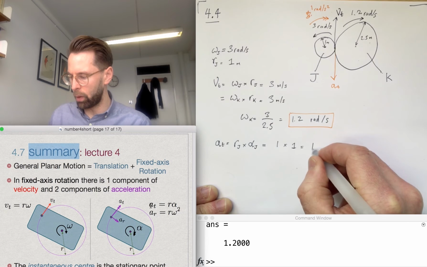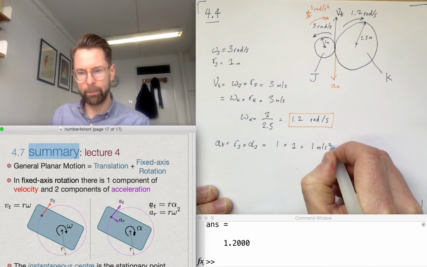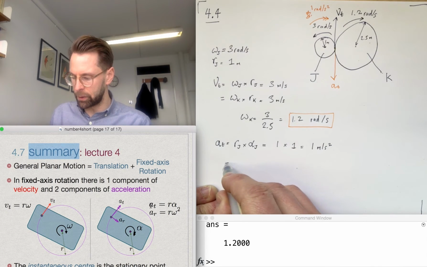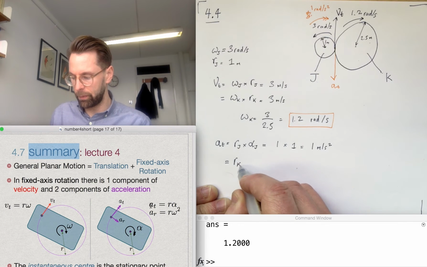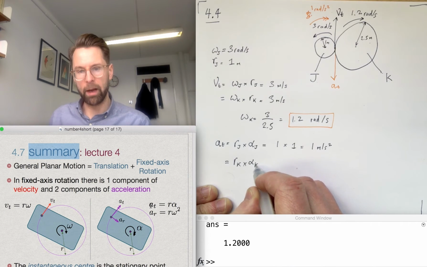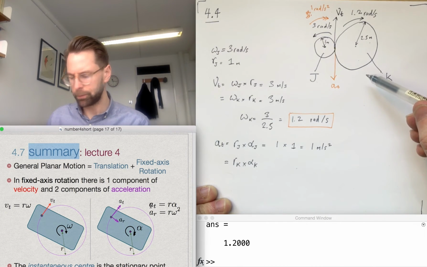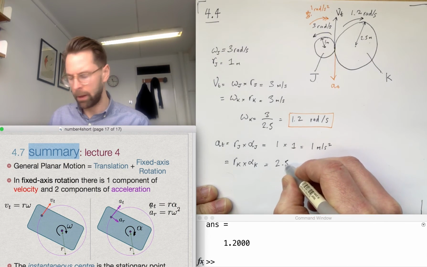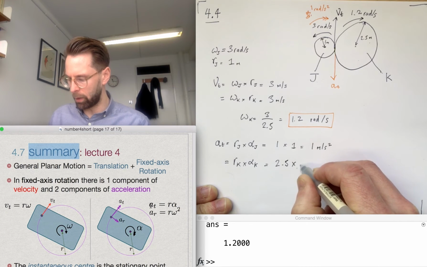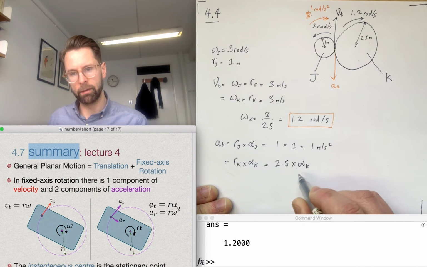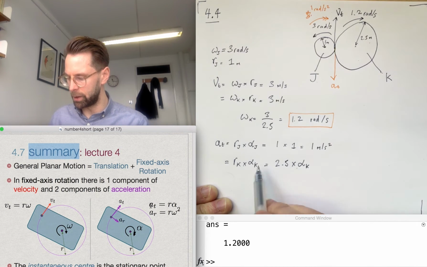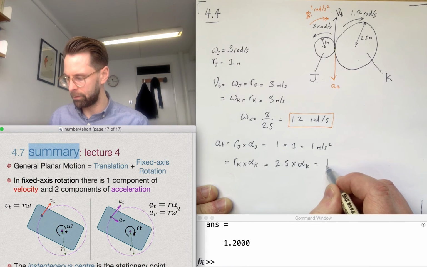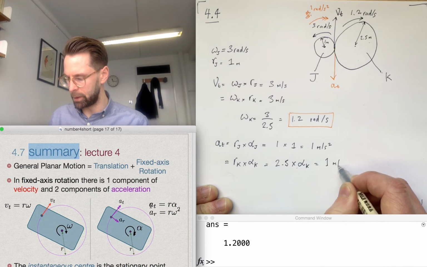So that's 1 meter per second squared. And that has got to be equal to the same, but evaluated on the larger disk. So the radius of the large disk is 2.5, and we're trying to work out what the angular acceleration of that is. So if you rearrange this, that's equal to 1 meter per second squared.